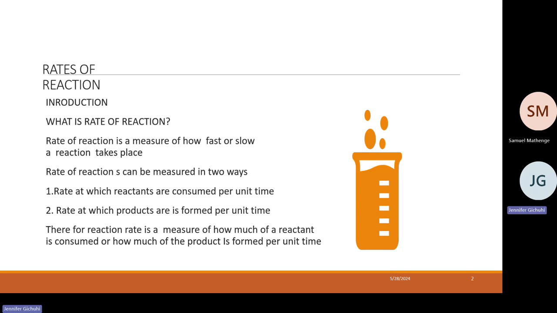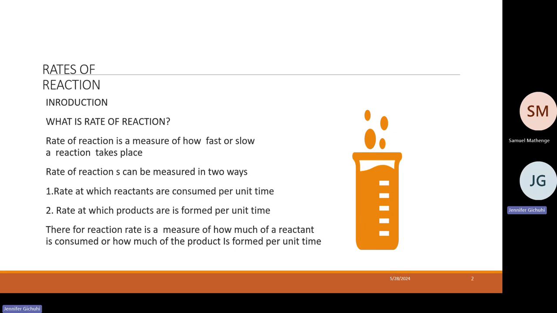The rate of reaction can be measured in two ways. One of the ways is by checking the rate at which the reactants are consumed per unit time. The other one is checking the rate at which the products are formed per unit time.